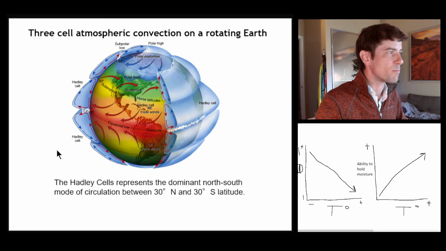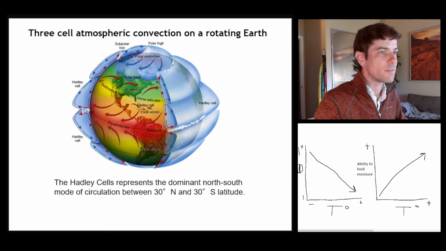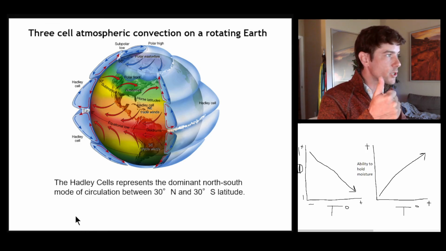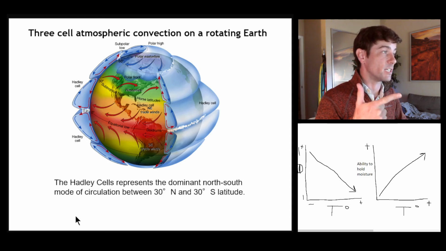Really important take-home messages from this. Obviously, these two little, very kindergarten-looking graphs that I drew over here: as temperature increases, the density of air decreases. Its ability to hold moisture also increases. So as you warm air, it can hold more moisture and its density generally decreases.